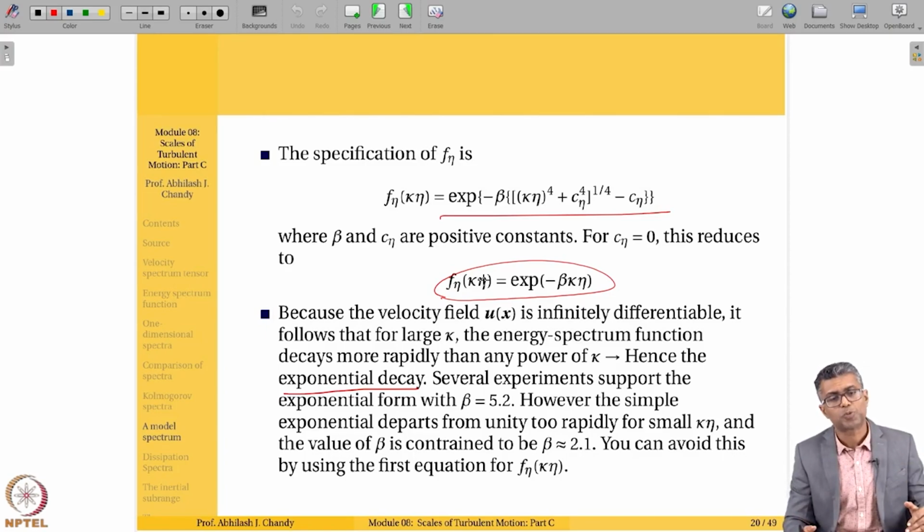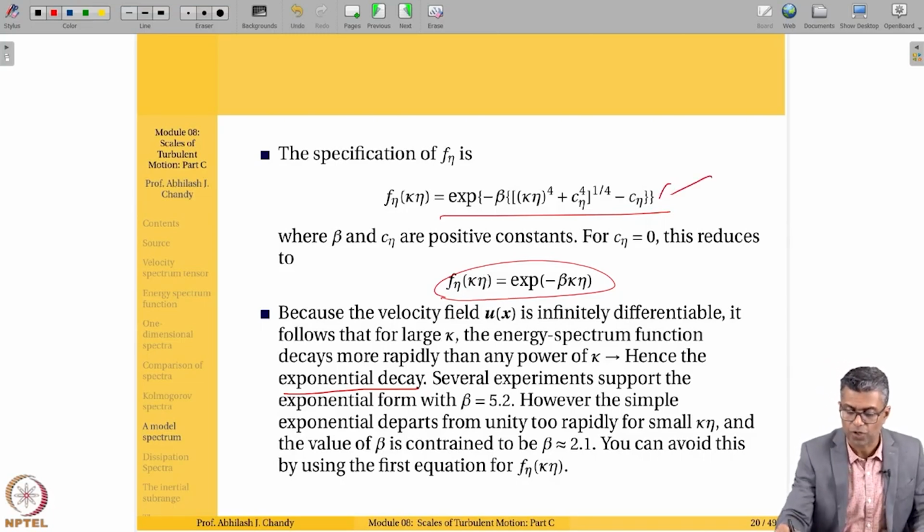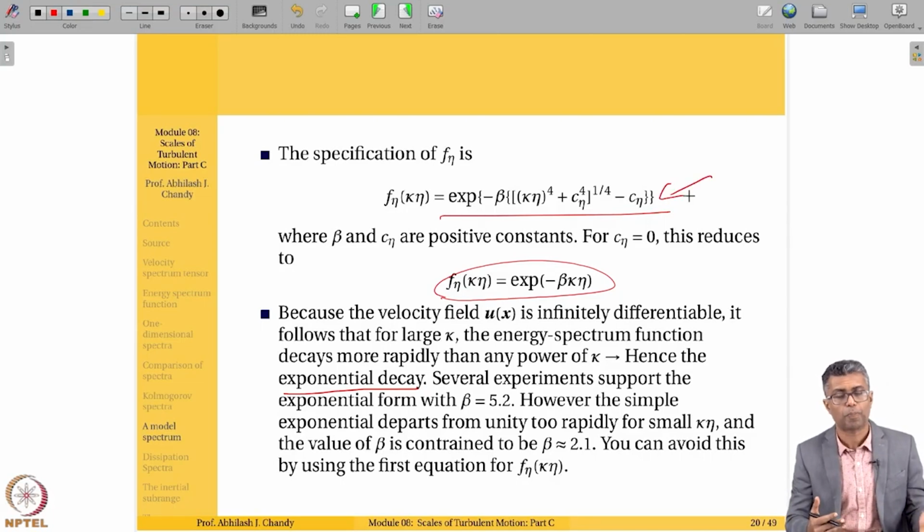However, the simple exponential function departs from unity too rapidly for small kappa eta. In that sense, the value of beta is actually constrained, specifically to a value of 2.1. To avoid all of this, you can just use this function here. It's slightly more complicated, but it does not depart from 1 too rapidly, whereas this one departs from 1 quite rapidly for smaller values of kappa eta.